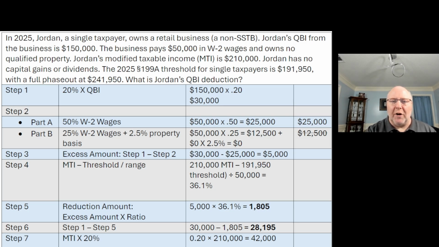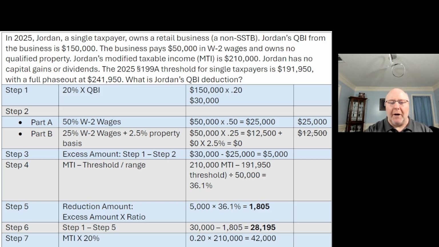We're going to take the greater of that and Part B for step 2. Part B for step 2 was 25% of W-2 wages plus 2.5% of our unadjusted basis in property. We still have $50,000 of W-2 wages times 25%. That'll give us $12,500. It says we don't have any property, so that's going to be 0. So we're going to go 12,500 plus 0 equals 12,500.